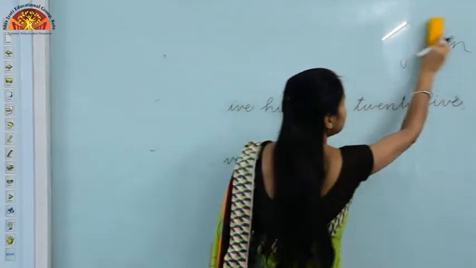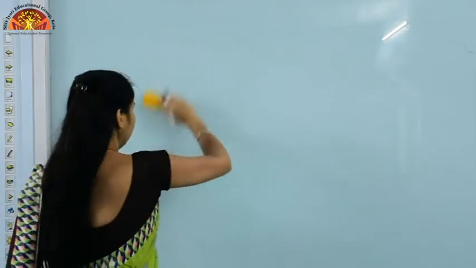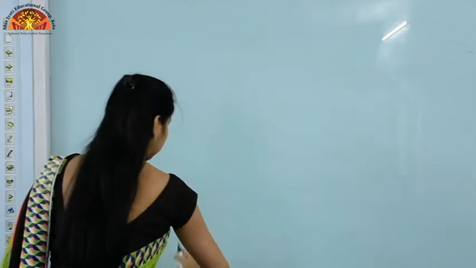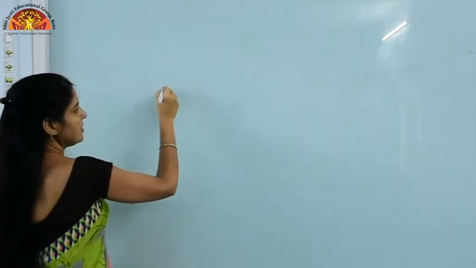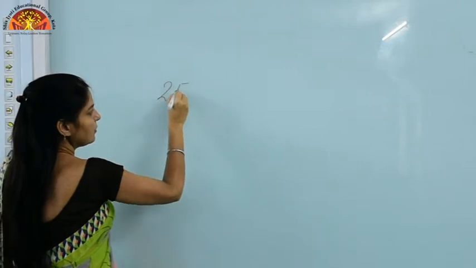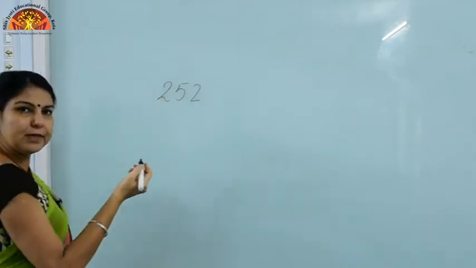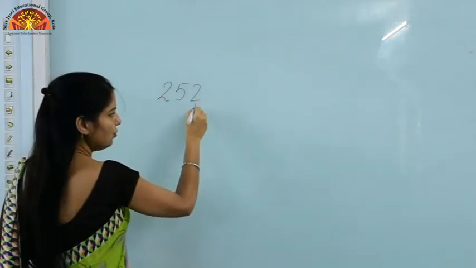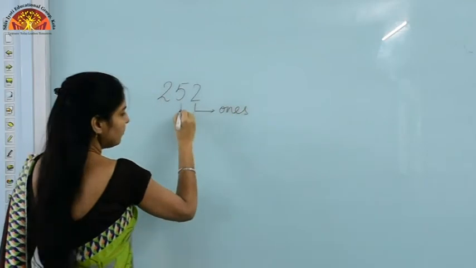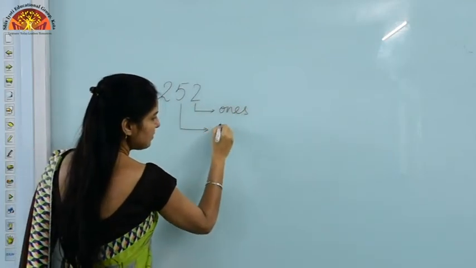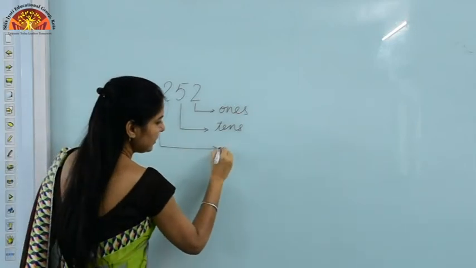Now we will see the place value and face value of the numbers. Children, do you know what face value and place value are? Suppose I am writing a number. This is 252. So first of all we have to tell the place value of this number. Here 2 is at ones place, 5 is at tens place, and this 2 is at hundreds place.